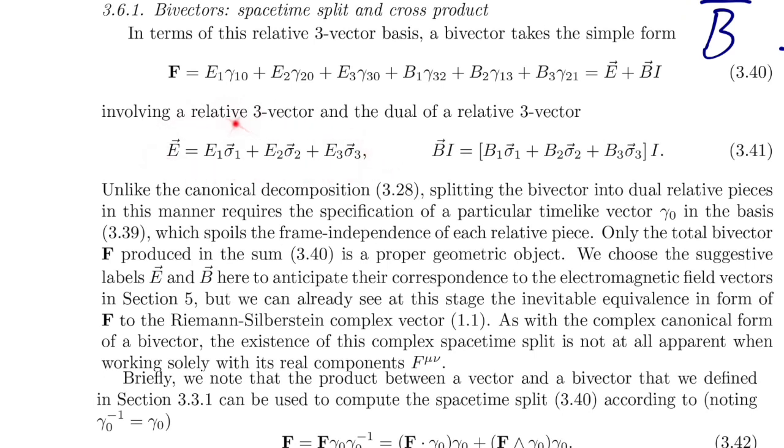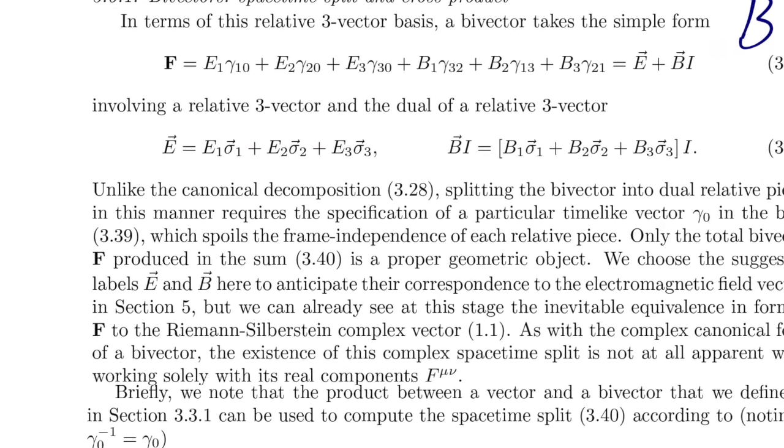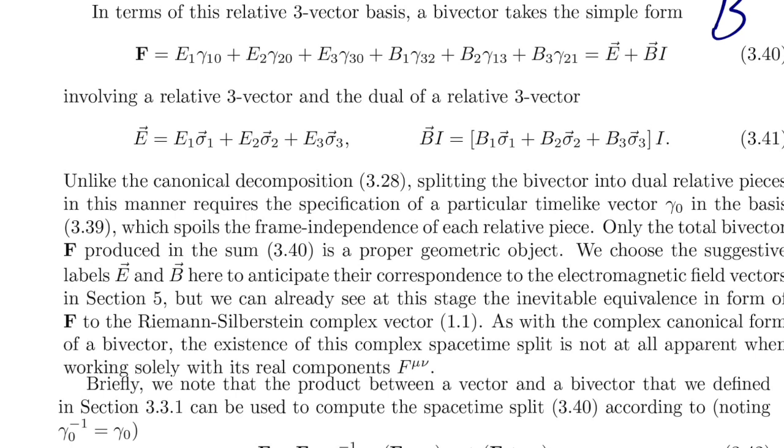This is a relative 3 vector, which we learned in the last lesson is supposed to represent a regular vector in three-dimensional space, as long as we consider these sigmas, these relative 3 basis vectors, to be just like regular unit vectors for three-dimensional space. So that's what we've done here.